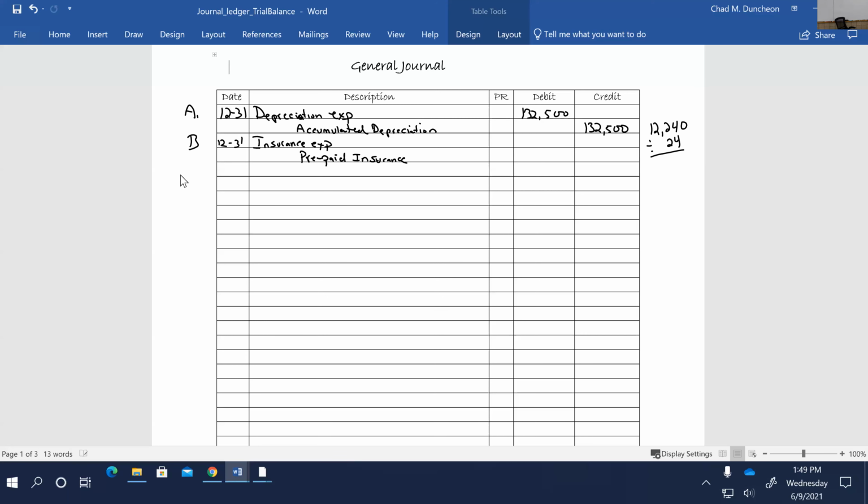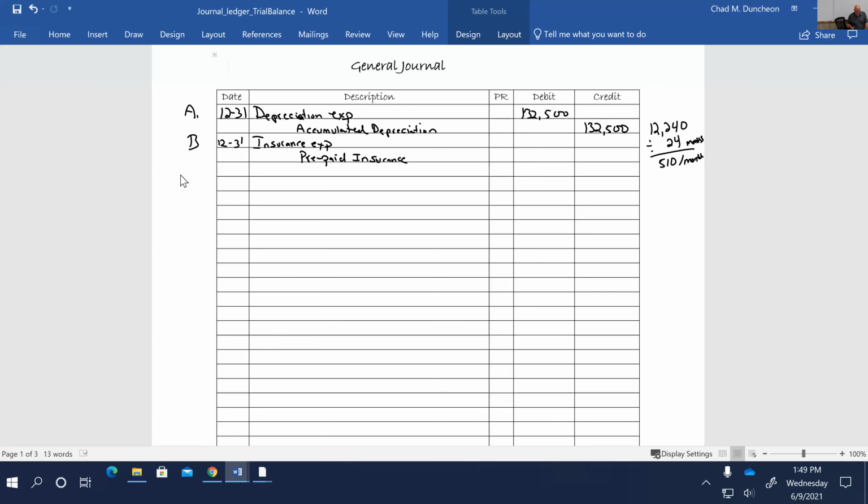So I want to divide that by 24, because there's 24 months in 2 years, to find out that it's charging me $510 a month. That's how much it is for a month of insurance.